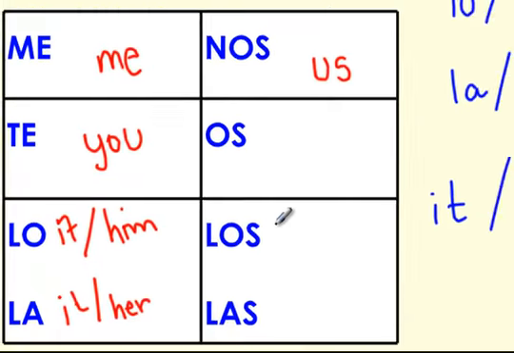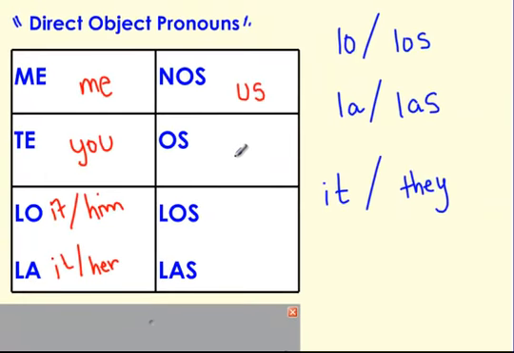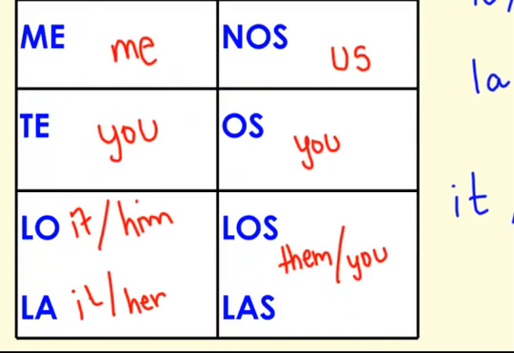If you're a student that likes learning the vosotros form, os refers to you in the plural and familiar. Los and las both refer to them or you. Please get both the Spanish and the English versions written down in your notes.